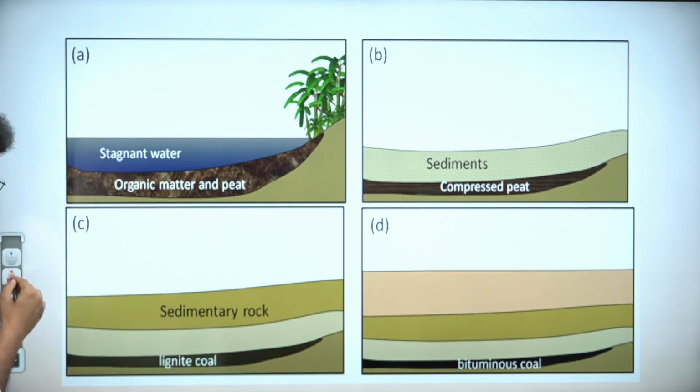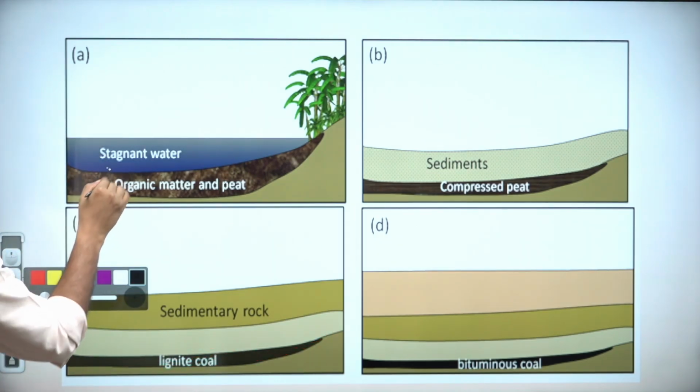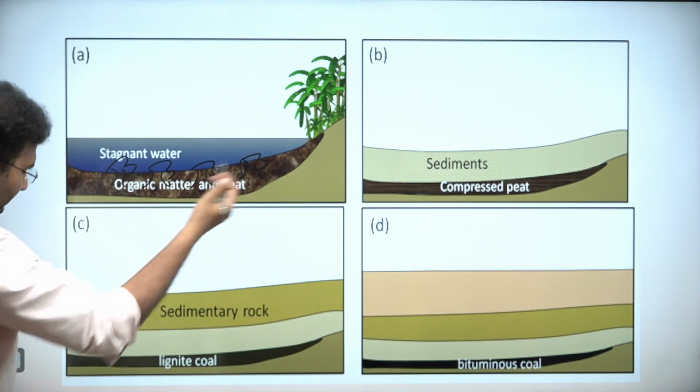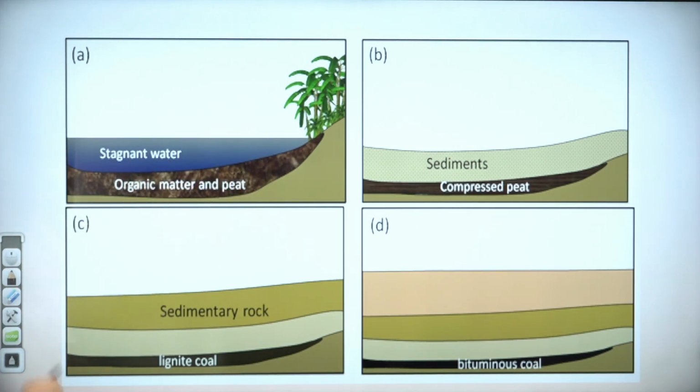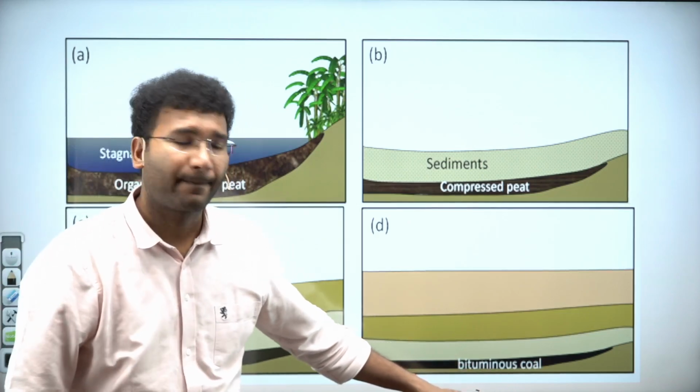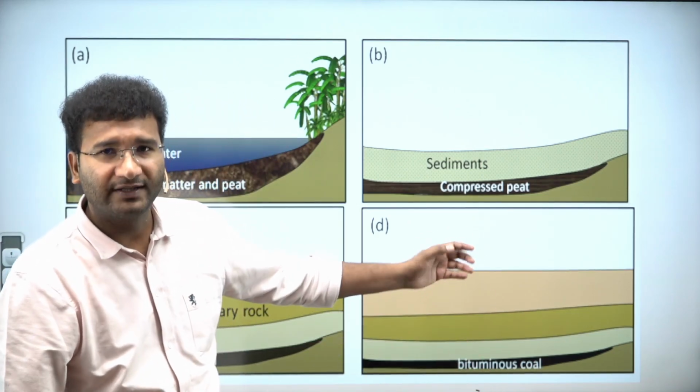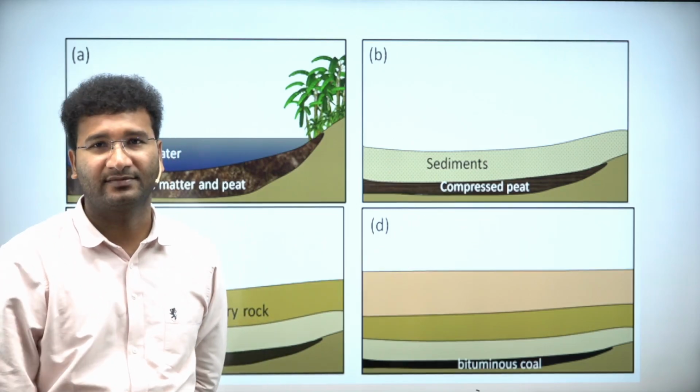Coal is formed here, because earlier, just imagine these are organic matter, which is either forest or something, right? And lastly you will see a layer of bituminous coal, coal is formed, and then above that you have these sedimentary organic rocks, right?